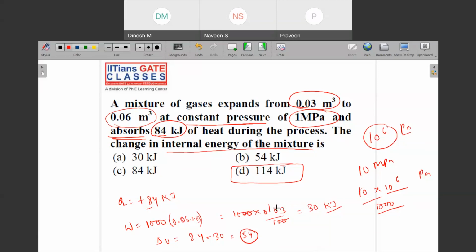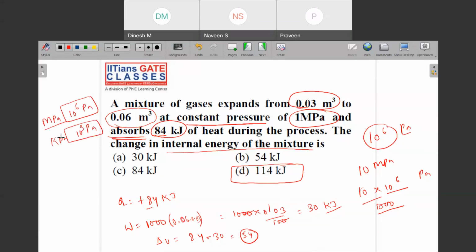See what happens: in megapascal there is 10 to the power 6 Pascal, right? In kilopascal there is 10 to the power 3 Pascal.